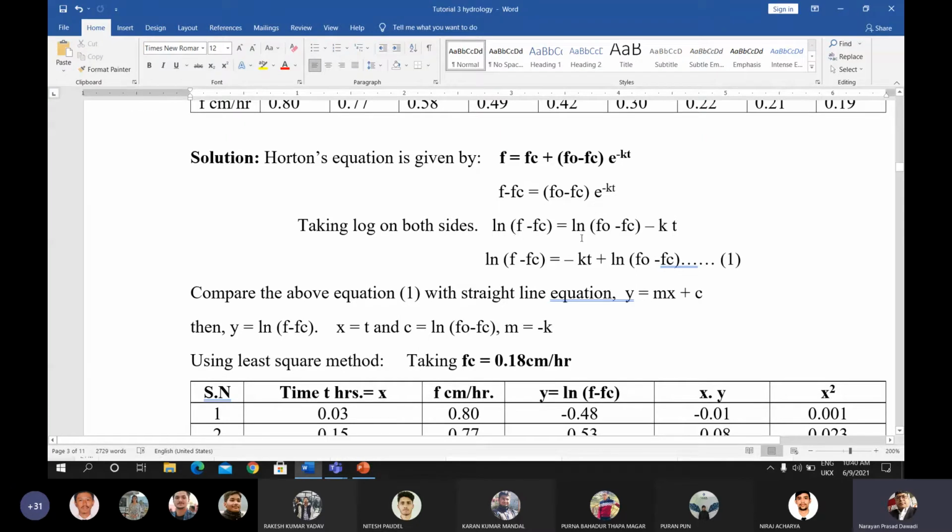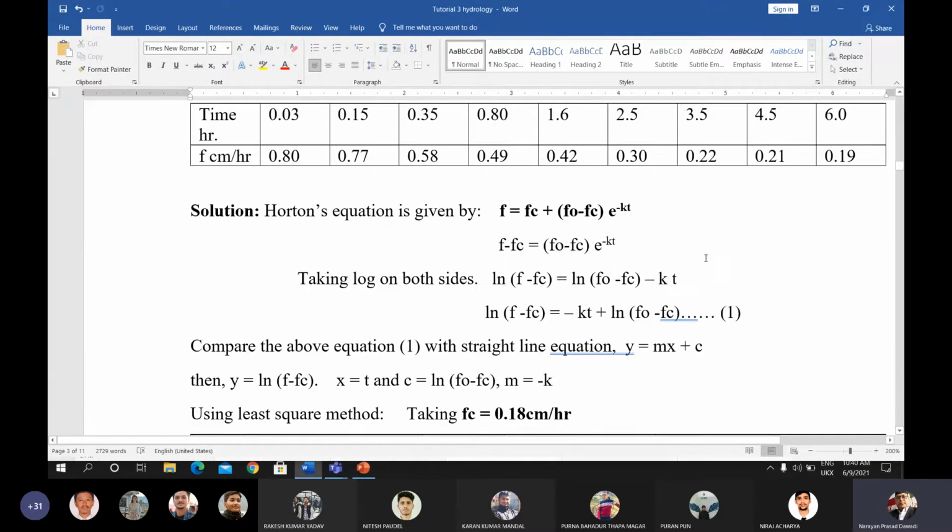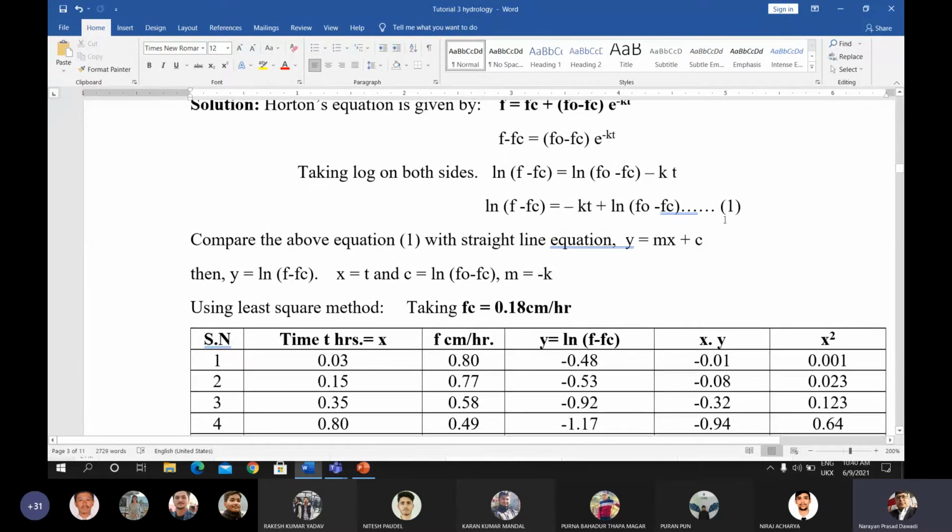Now putting minus kt at the front side, you get the equation as ln(F minus Fc) is equal to minus kt plus ln(F naught minus Fc). This equation can be compared with the equation of a straight line, y is equal to mx plus c. If you compare this equation 1 with the equation of the straight line, then y is equal to ln(F minus Fc).